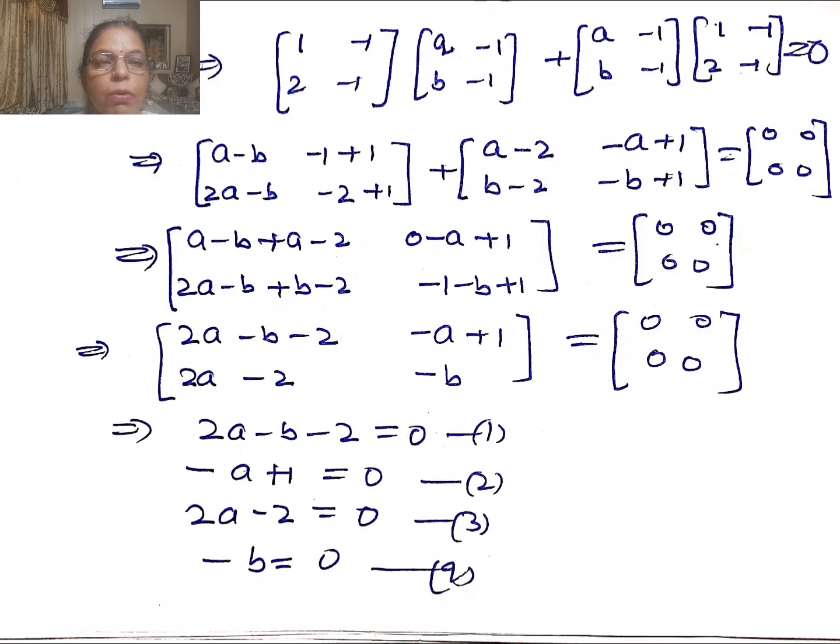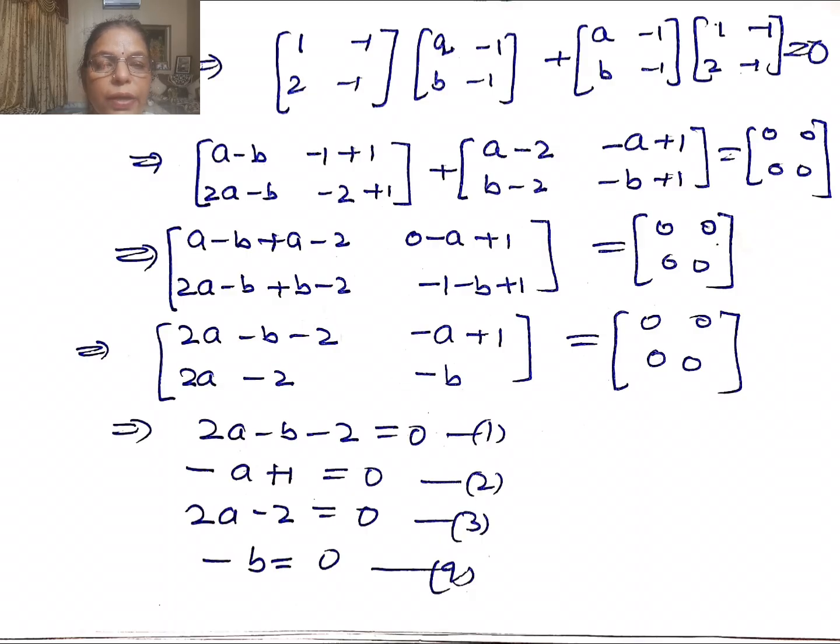Now adding the corresponding elements of the matrices, we get a minus b plus a minus 2, 0 minus a plus 1, second row 2a minus b plus b minus 2, and minus 1 minus b plus 1, equal to the zero matrix.